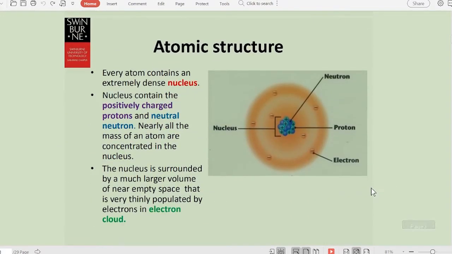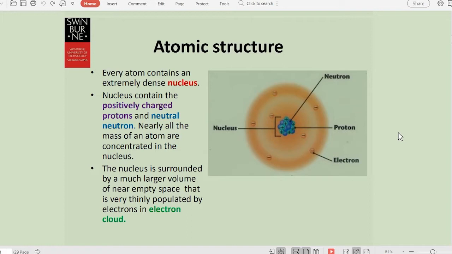So, structure of atom. For our understanding, just as an example, let's consider a big crystal ball that we see in some fortune teller's hand, right? A crystal ball that we can see through.